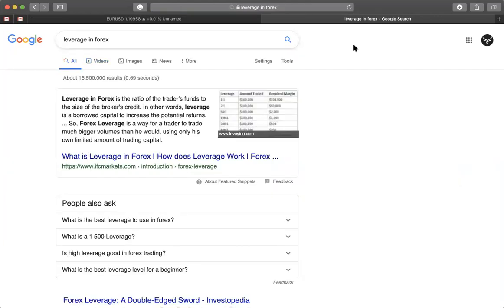Okay, so leverage in forex is the ratio of the trader's fund to the size of the broker's credit. In other words, leverage is borrowed capital to increase potential returns. So forex leverage is a way for traders to trade much bigger volumes than they would using only a limited amount of trading capital, all right?